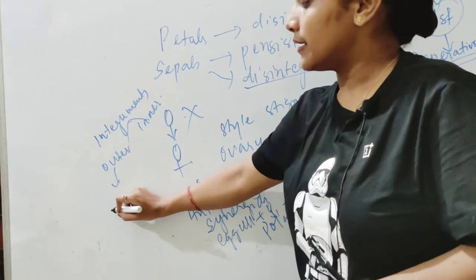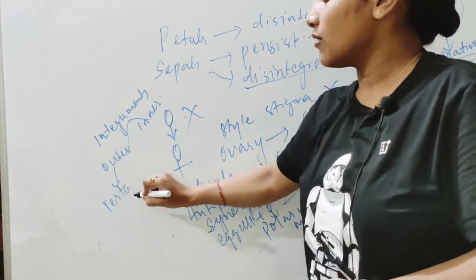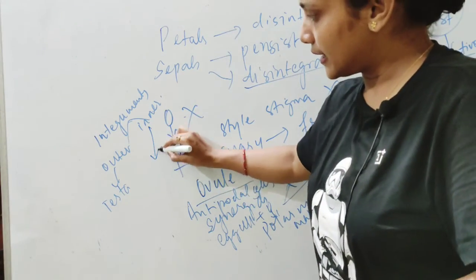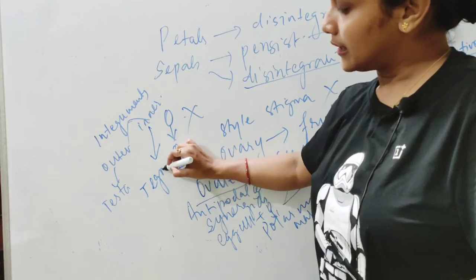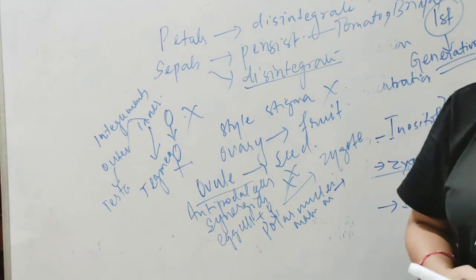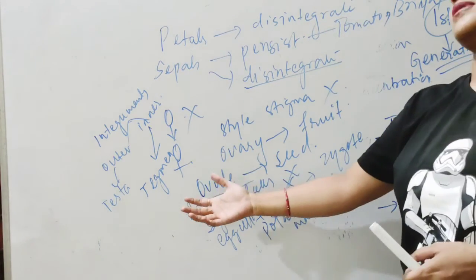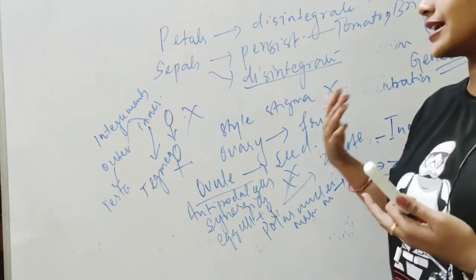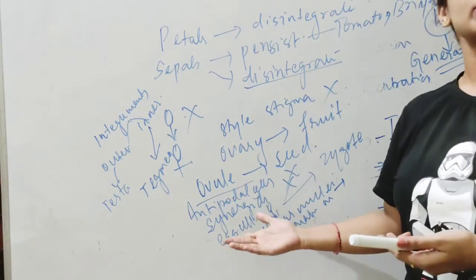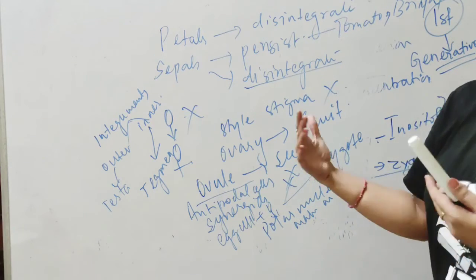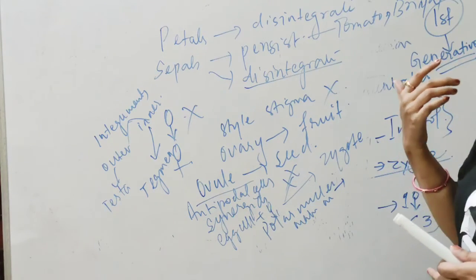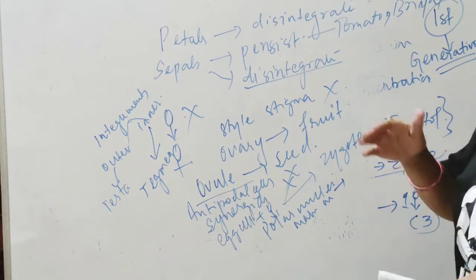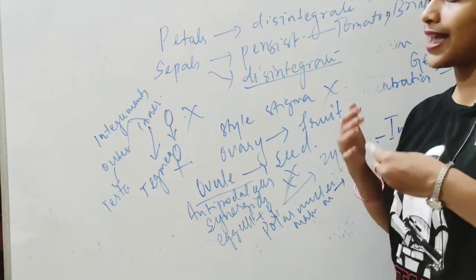The outer integument forms the testa of the seed, while the inner integument forms the tegmen of the seed. If you're asked what is the function of testa or tegmen, you can easily say that the major function is to provide protection. They form a mechanical barrier and protect the seed from any sort of mechanical injury, or from bacterial infection. So this is the most important function that they have.